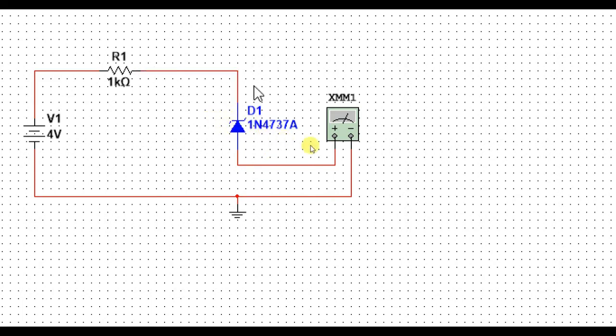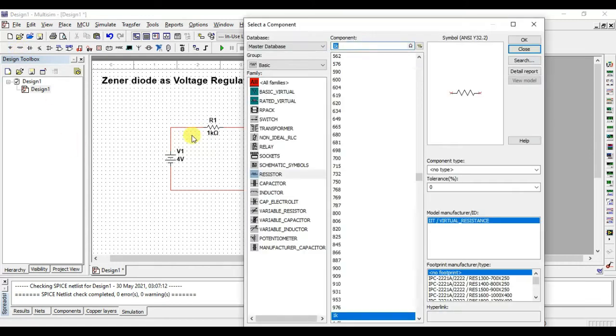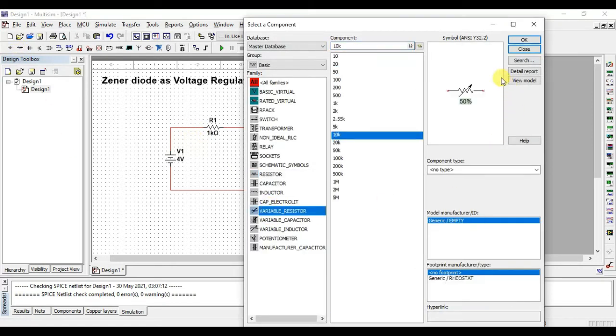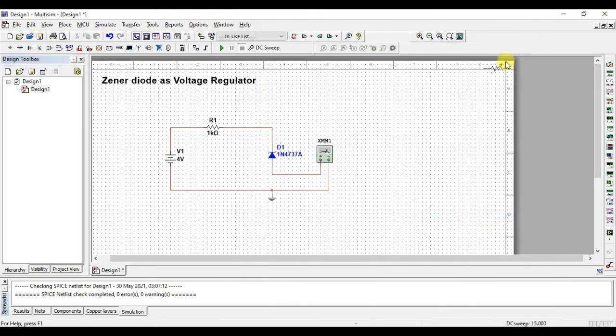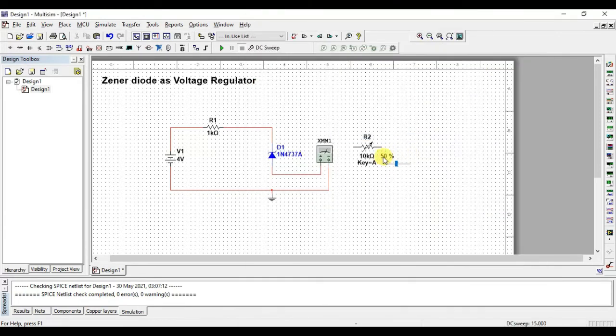Yes. Next one, we have to take a variable resistor. So I am taking a variable resistor of value 10 kilo ohms. You can observe here 50% like the value. What is my 50%?